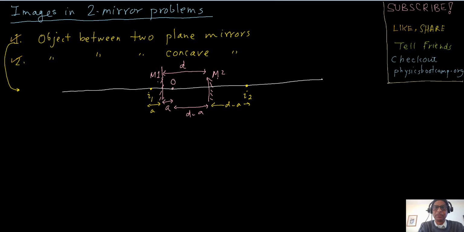So this becomes the object for M2, and so that distance away, this will be from this mirror, this distance is D plus A. So this is going to be D plus A, and this will be image 1 and then followed by 2.